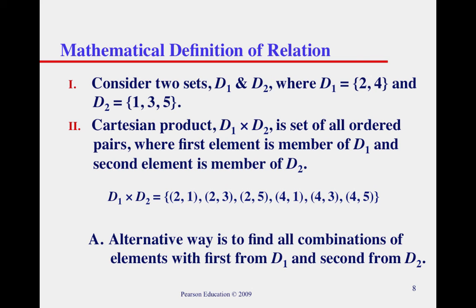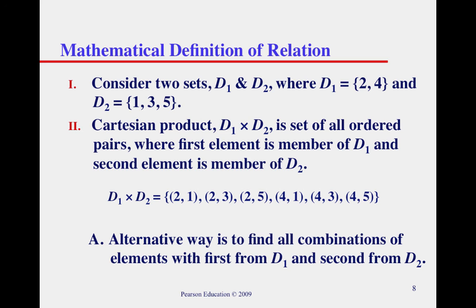we talk about the definition of a relation as being a Cartesian product of some number of domains, where each domain represents a column. So for example, for a 2-column relation, we might say that column 1 has the domain of integers 2 and 4, and column 2 has the domain of integers 1, 3, and 5.